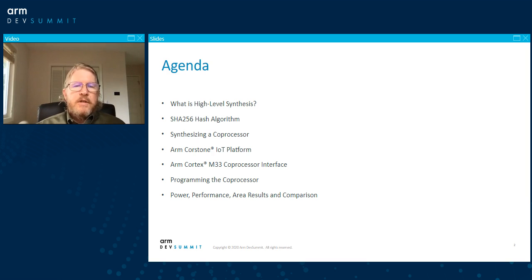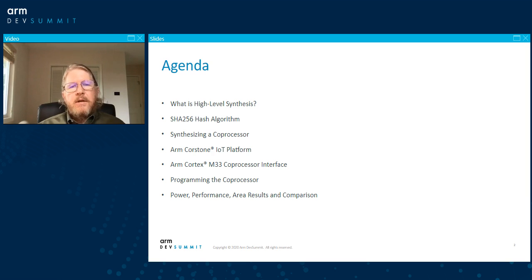This is ARM's embedded IoT platform, which is used as a starting point for many embedded designs. It has the Cortex M33 processor in it, which introduces a new coprocessor interface. And I'll be talking about the hardware connection for that particular processor.